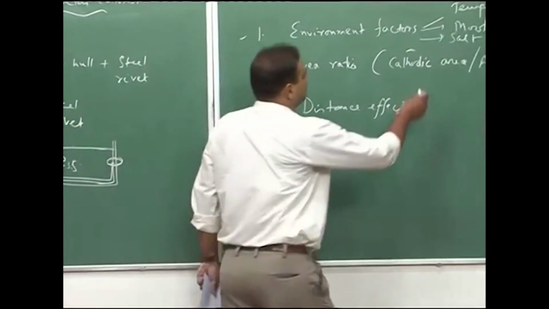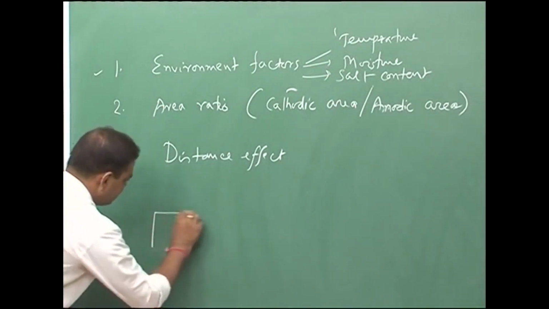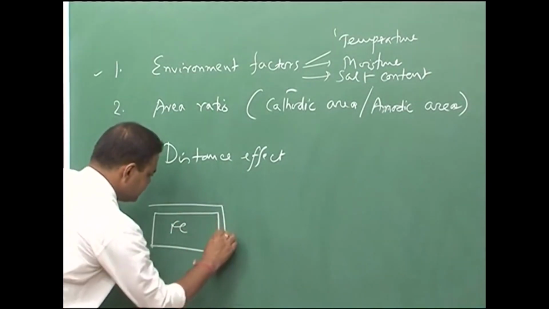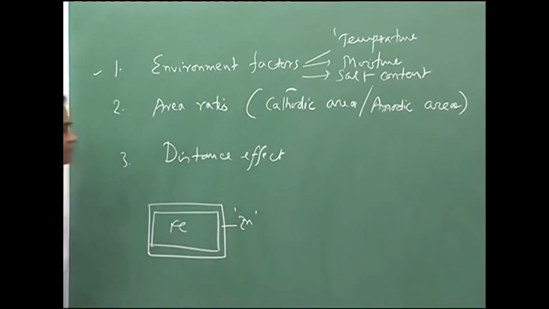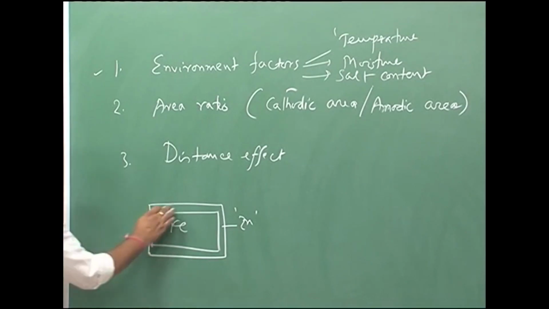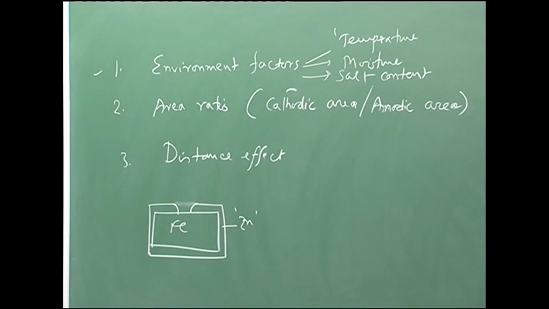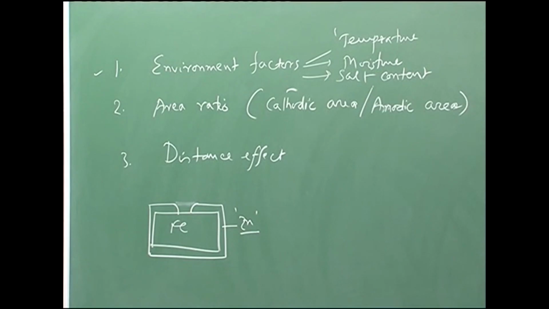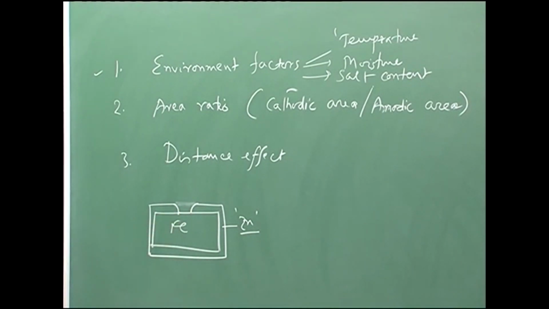Now, as we are discussing the temperature effect, let us say we have iron, and on top of that it is galvanized. Galvanized means zinc coating, and let us say some part of this galvanized coating is damaged. In that case, since zinc is active in the series compared to iron, the iron surface will act as cathode.